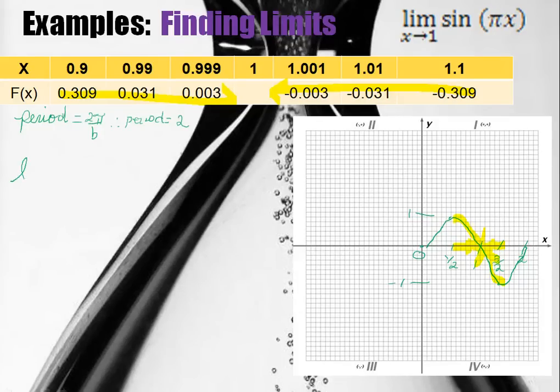So the limit as x approaches 1 from both the right and the left of sine pi x equals 0. And that's verified by both my table and my graph. Although just from my table alone, I might not have reached that conclusion. So it's important to do both.